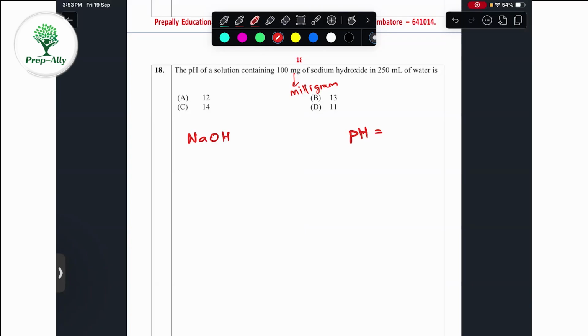For pH, what do I need? I can calculate through H plus ion concentration, minus log of H plus ion, or I can calculate first pOH, so that again I will subtract it from 14. I will get pH, right?